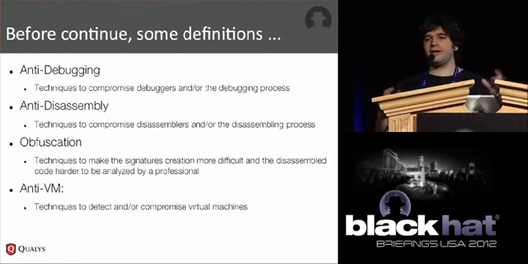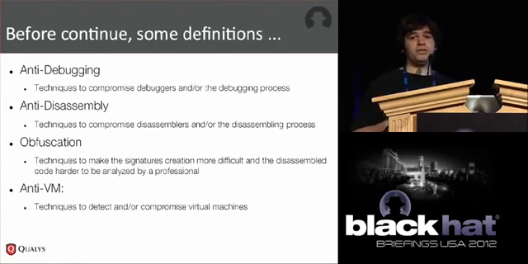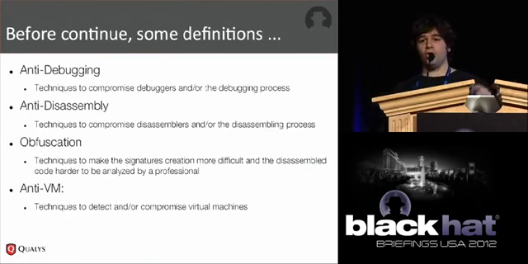Obfuscation techniques make the disassembly harder to be analyzed by a professional and also make the signatures written more difficult. And anti-VM technologies, as shown in this presentation, means techniques to detect or to compromise the presence of virtual machines.